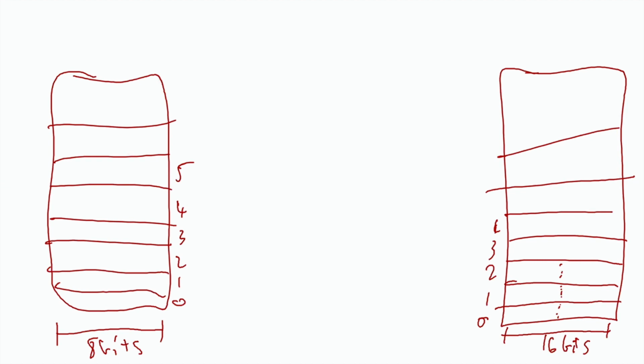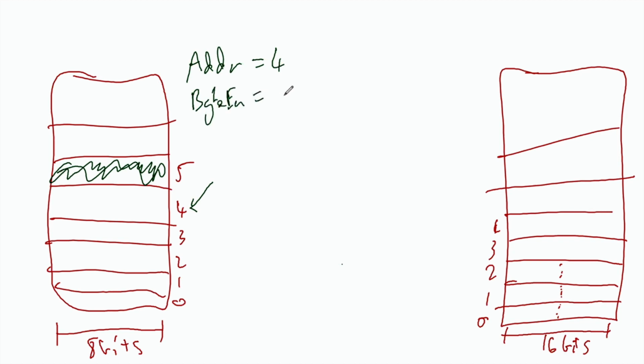So if on the processor end you want to access address 5 or byte 5, the processor will say, in the case of a 16-bit data bus, I want to access address 4, and the byte enable is going to equal 1, 0. Yeah? Following? Because it's an odd address.